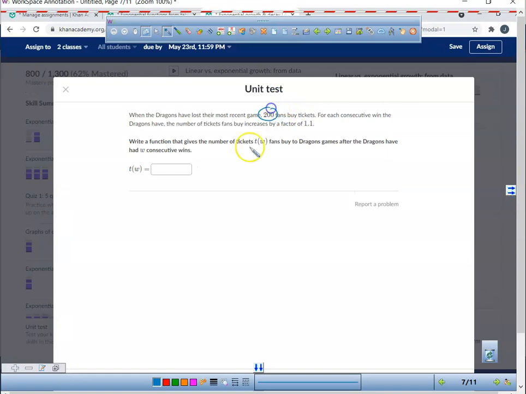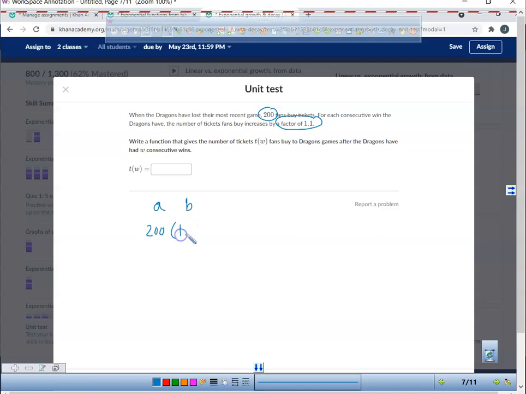Well, the 200 is your initial value, and it's increasing by a scale factor of 1.1. So we're starting with 200. The B value is 1.1, and we're going to raise that to the power of W. Why W? Because it says T of W, so I got to use that for my power. Okay, so I'll just write that in.